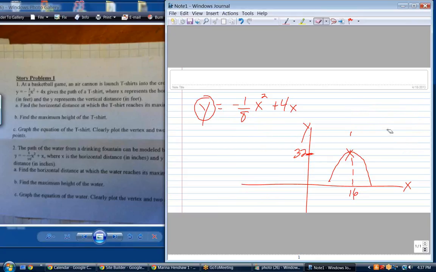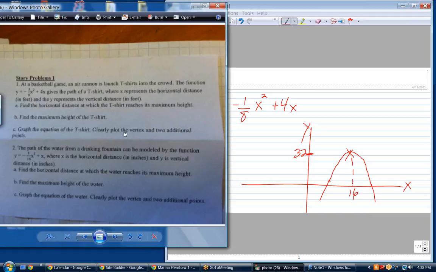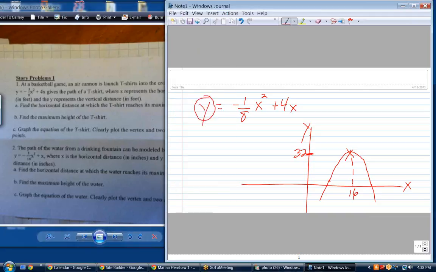So we know where the vertex is. What other 2 points should we find? The x-intercepts? Yeah, it doesn't say, it says clearly plot the vertex and 2 additional points. So it kind of gives us our choice.